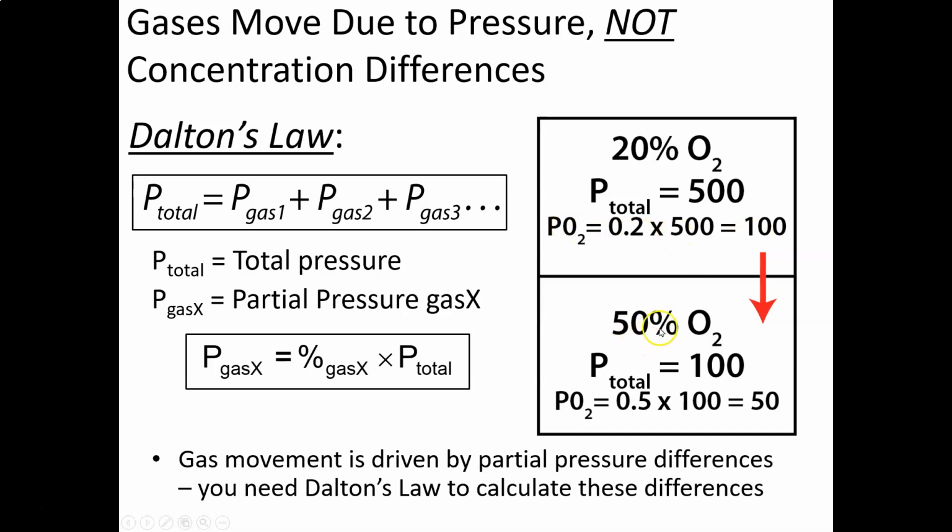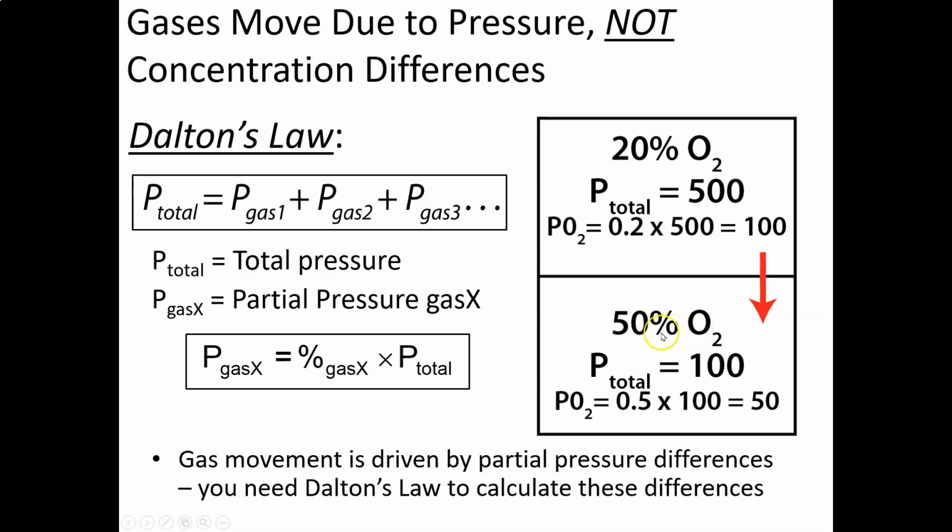On the bottom one, even though it's got 50% oxygen, we made the total pressure on the bottom box only 100, which means if I calculate this, I get PO2 equals 0.5 times 100, which is only 50. So even though we have 20% oxygen in the top and 50% oxygen in the bottom, the diffusion gradient is actually from the top to the bottom, right?